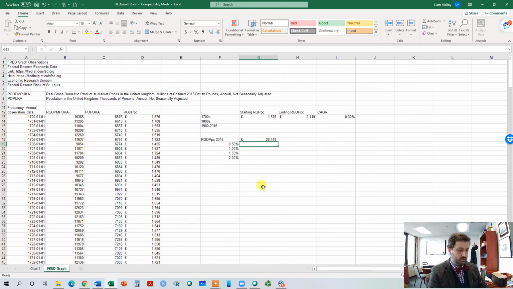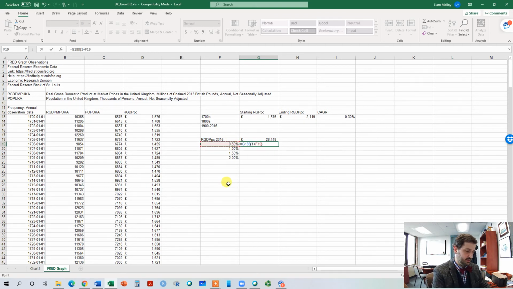And then calculating out to 2316, so 300 years in the future, is just going to be our starting value times 1 plus the growth rate. So that's 0.5% here. And then raised to however many years we're doing. So we're doing 300 years here. So 300.